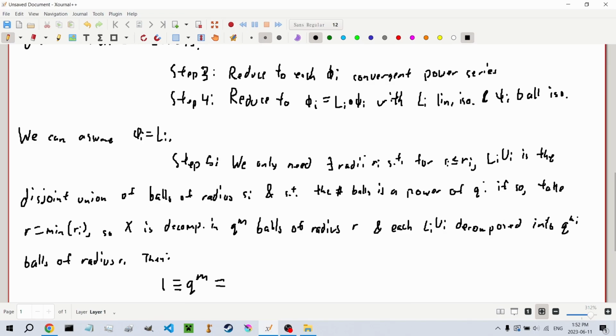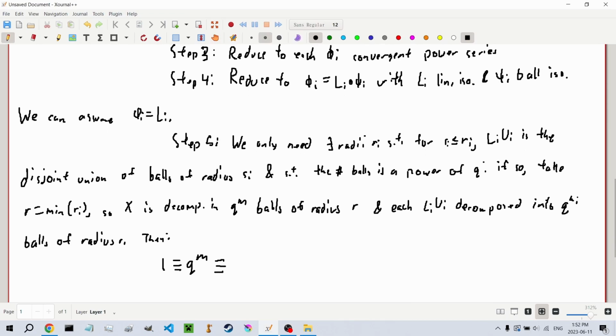One is congruent to Q to the minus M, which is congruent to the sum over our i's of Q to the M_i, which is congruent to the sum of just the number of elements in our indexing set, mod Q minus 1.